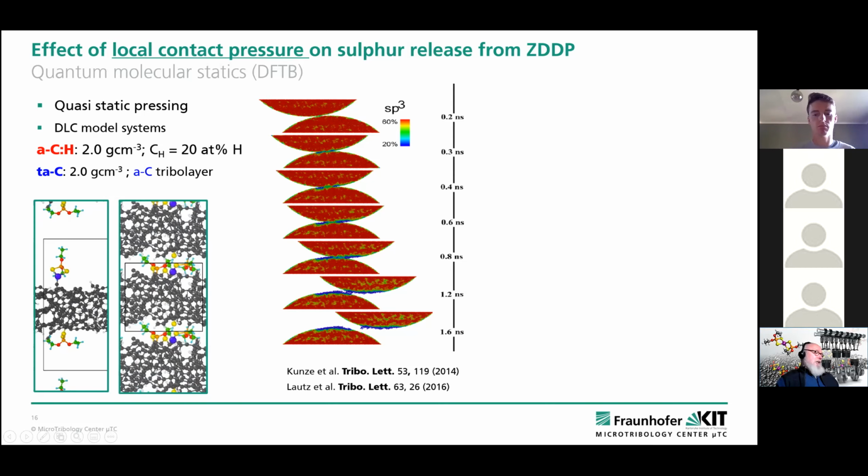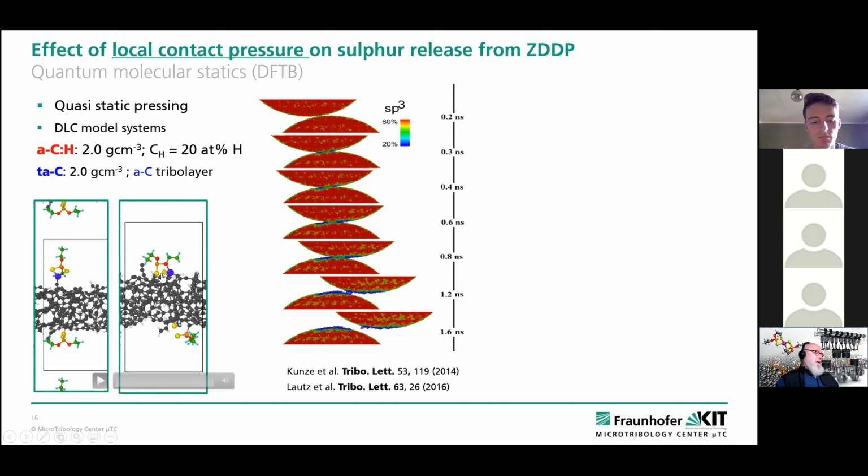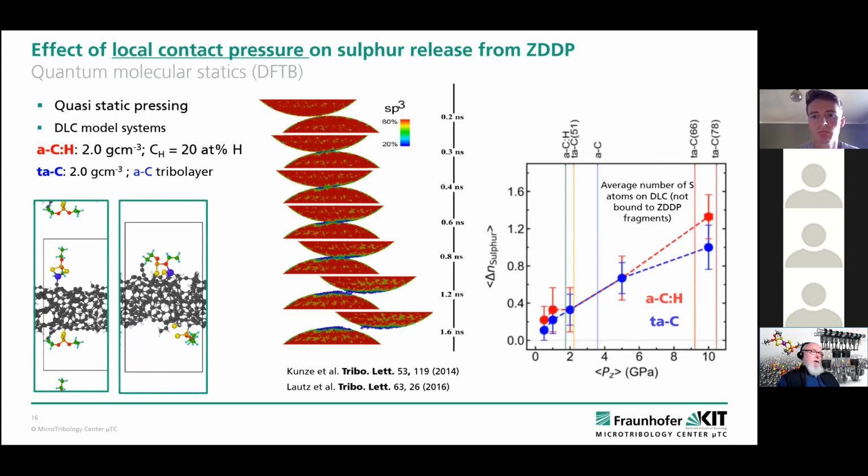We did a couple of calculations of this sort, and you see that sometimes you can transfer the sulfur from the CDDP, from the molecule to the surface. And these sulfur atoms are the most important to us because they are basically precursors for the sulfur doping. We did this for a couple of maximum pressures, which are the pressures here. And we calculated the statistics for the number of sulfur atoms transferred from the CDDP to the coatings, where the sulfur lost contact to the CDDP fragment, for the ACH and the TAC.